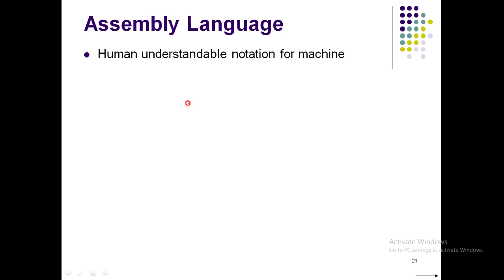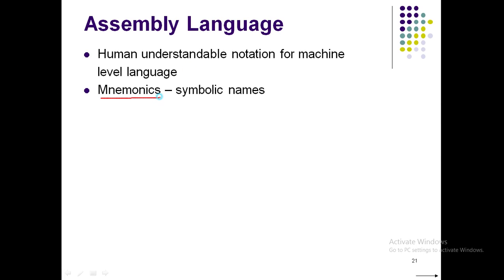As you can see here, most of our human understandable notations will be used for machine level language. As I told you, there is a complete set of symbolic names, and these symbolic names are called mnemonics. For example, if I want to copy data from one place to another, that is, I want to move, what is the command we use?